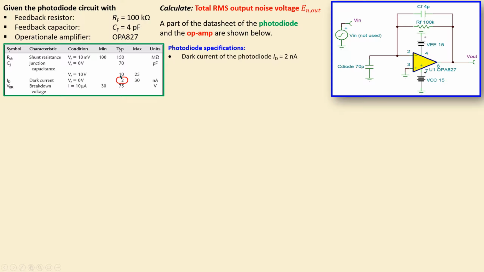You can see the dark current of 2 nanoamps, this is just DC current. We can see also that the junction capacitance is typically 70 picofarads. That's actually what we have there in our simulation. We also have the shunt resistance of 150 mega ohms.